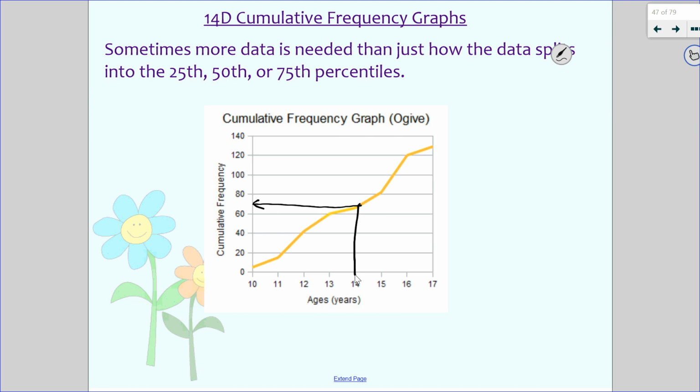So that's how you read that. If you go to 14, go up, go left, 70 students are 14 and under. And if you go to 16, go over here. About 110 students are 16 and under. And that's how you read a cumulative frequency graph or an OGIV.